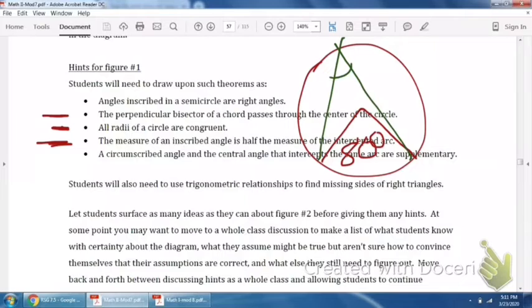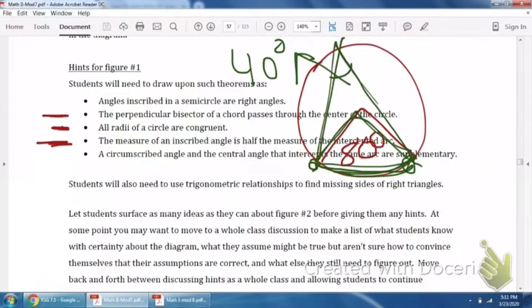That would be an inscribed angle. So this inscribed angle would be half of the measure of the intercepted arc, which is the 80 to begin with, because of the same endpoints. This one just went to the middle, this one went to the outside. So this one is half of that one. So that's another one that we've looked at. So those three we've already looked at.